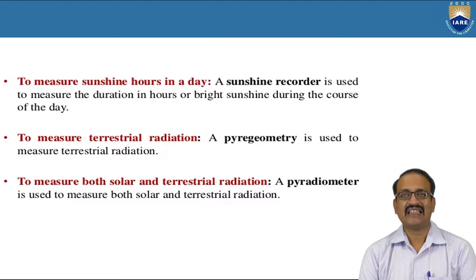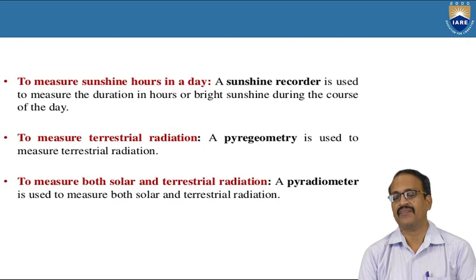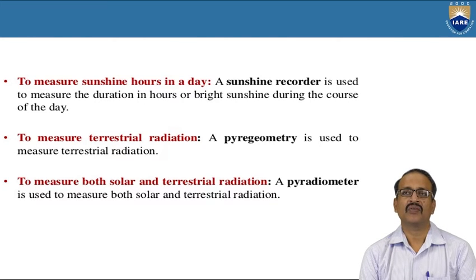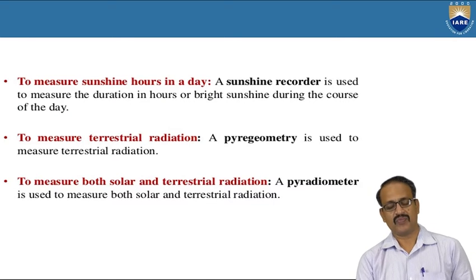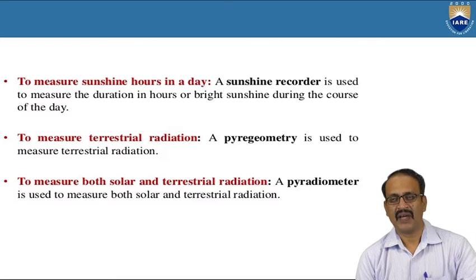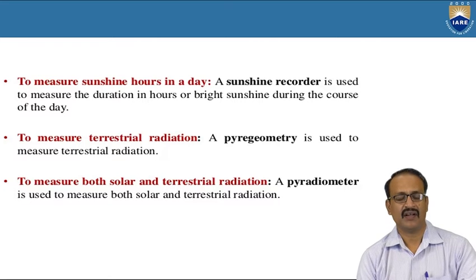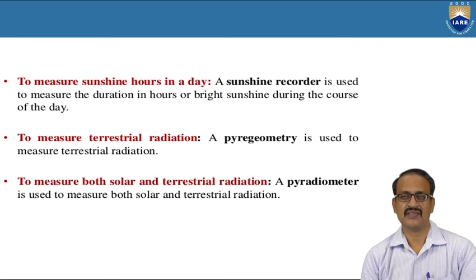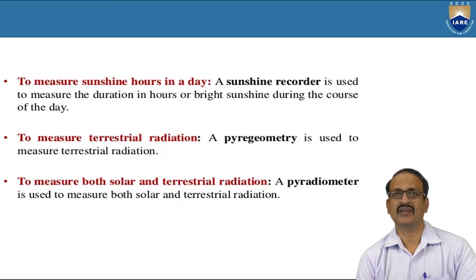To measure sunshine hours in a day, what is the total amount of sunshine hours? We are going to use the sunshine recorder. So basically only three equipments we are using: pyranometer, pyheliometer, and sunshine recorder. In 90% of cases, we are using only these three equipments.